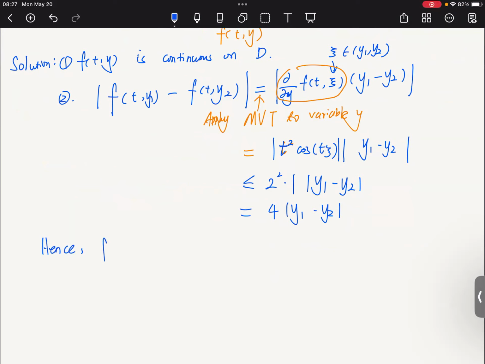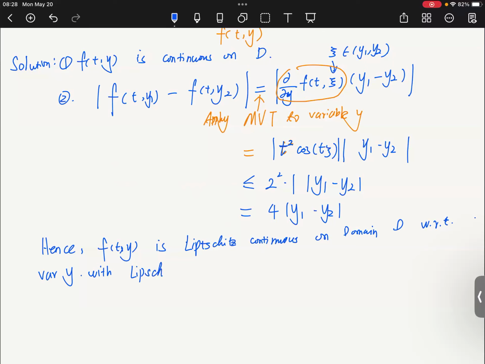Hence the f function is Lipschitz continuous on the domain D with respect to the variable y, and with the Lipschitz constant, which is 4 here.